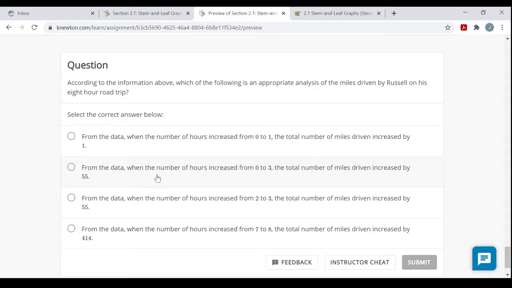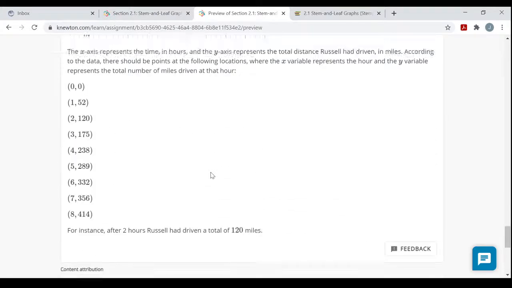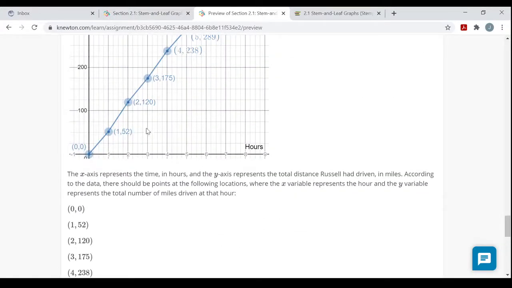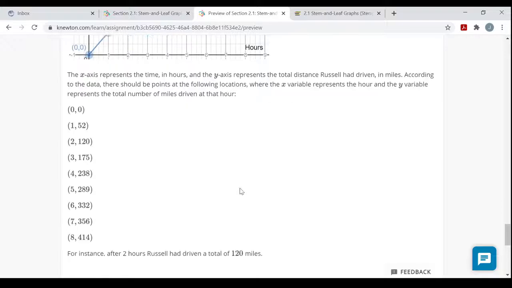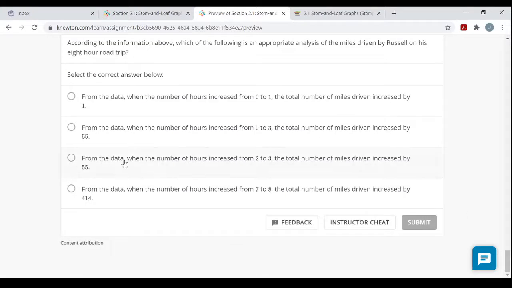From the data, when the number of hours increased from 0 to 3, the total number of miles driven increased by 55. Well, from 0 to 3, it went up by 175, so no. From 2 to 3, the total number of miles increased by 55.